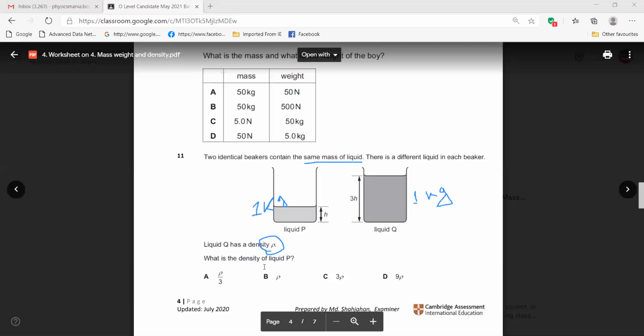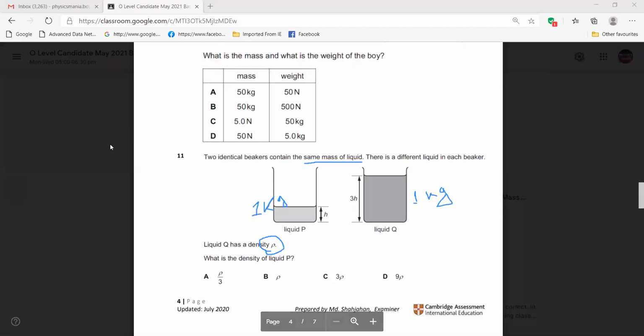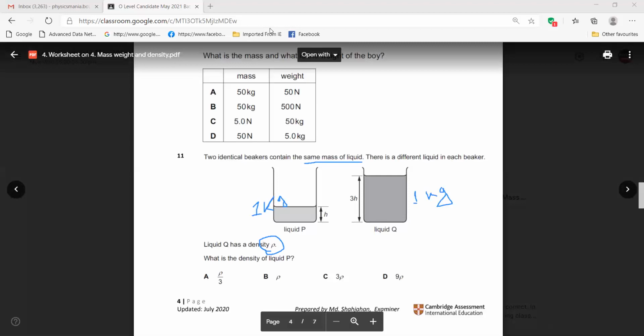So more than Q. Rho by 3 is not more than rho, it's giving one third. So which one do you think is correct? I'm not sure, sir. It should be either C or D.